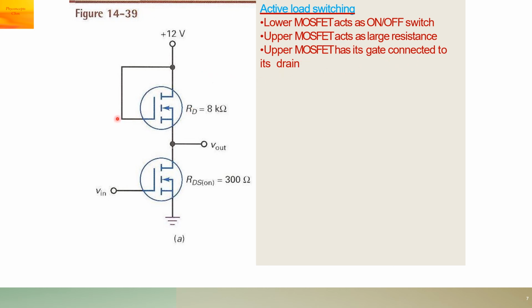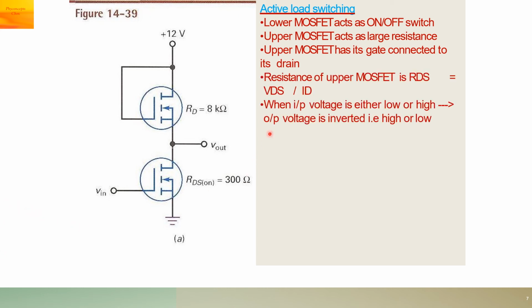So this gate is connected to the drain. When the input voltage is either low or high, the output voltage is inverted, that is high or low, as we had seen in passive load switching.